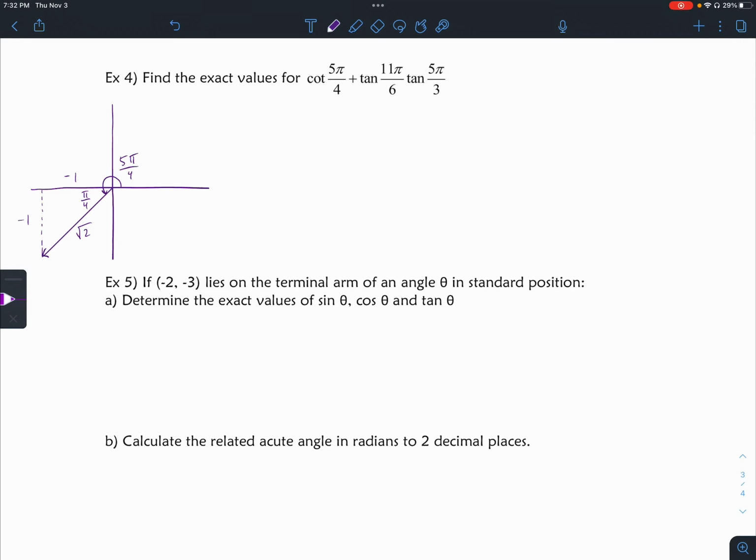Okay, now for 11 pi over 6, so also draw that. So we know that 11 pi over 6 is 330. Related acute angle is 30, or pi over 6.